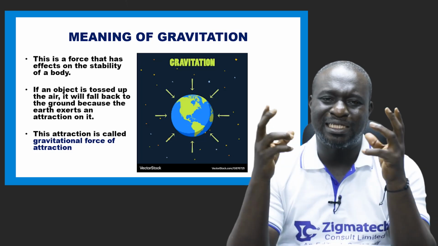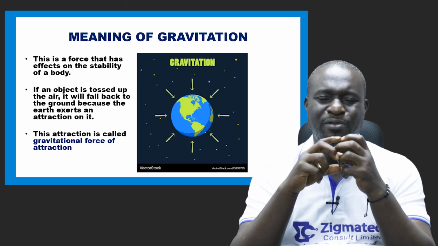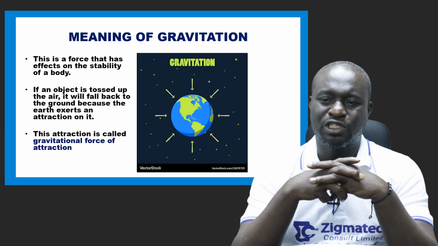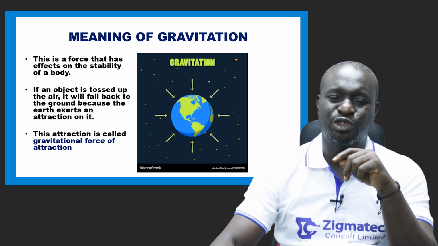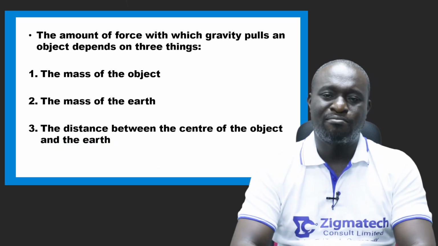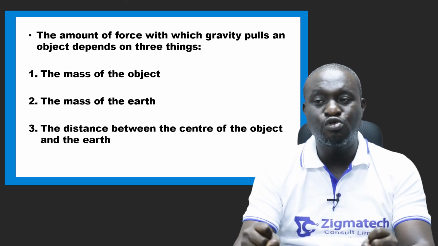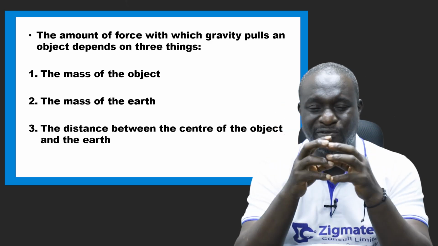Now, note that this force of attraction from the Earth on every other object is called the gravitational force of attraction. Now, note this. The amount of force with which gravity pulls on objects on the Earth depends on three important factors.